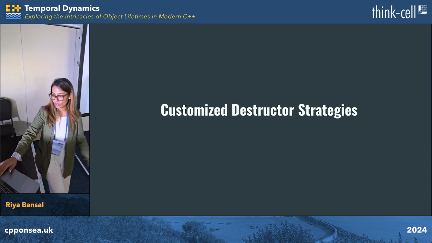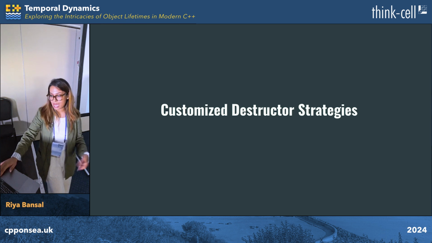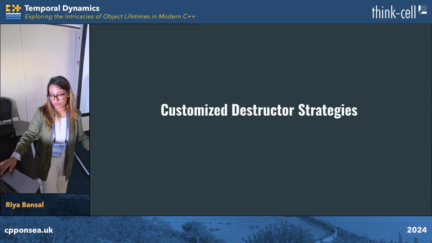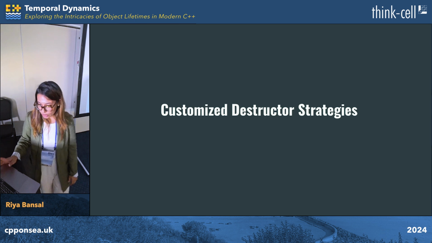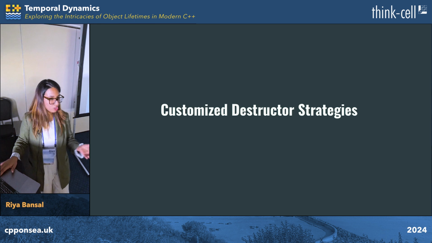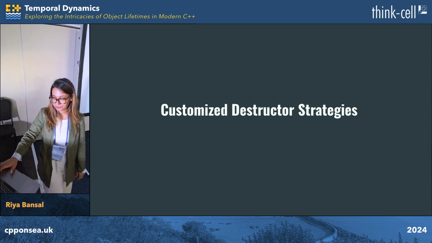They play a crucial role in resource management, ensuring that the resources are properly released when an object goes out of scope. So not using the default ones, but designing on your own. In any complex architecture, you will see that crafting specialized destructors becomes very essential when you want resource reclamation.